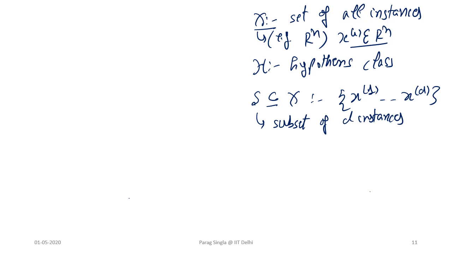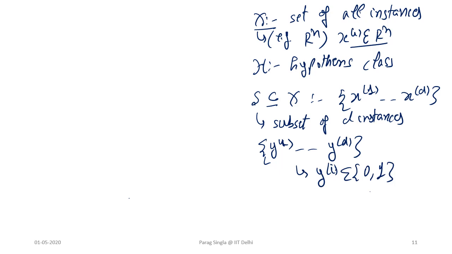Okay, and then given a subset S of instances, we will also define a labeling, which is y1 to yd. These are just class labels, as we have seen earlier, where each y belongs to {0, 1}, and we will refer to this as a labeling. Note that there is no notion of training examples here.